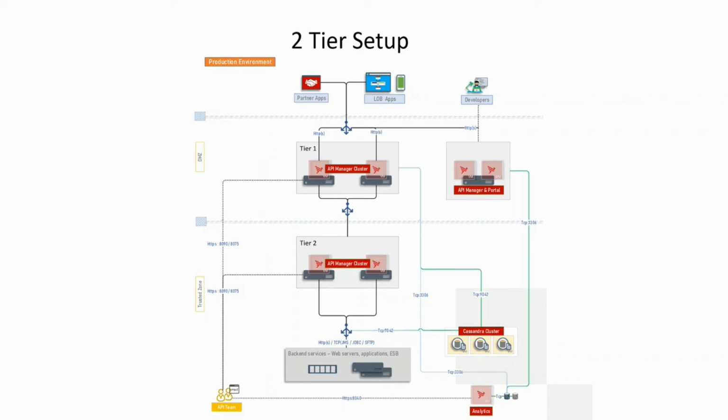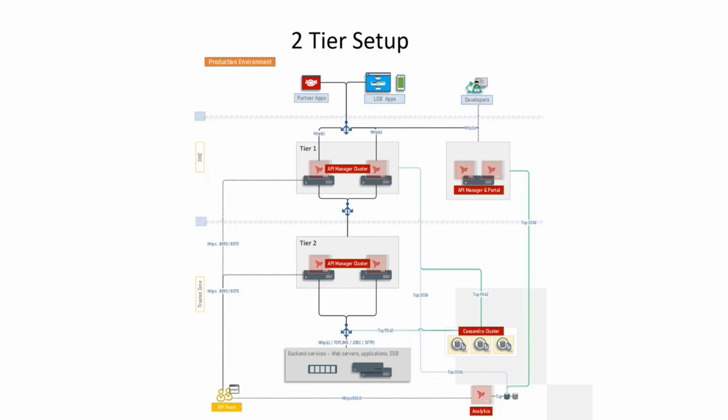The other way to set it up is a two-tier setup, where you have a separate gateway for internal and external. It's the same thing over here, the only difference is an additional block in the trusted zone, and then the request can get diverted into the trusted zone. Everything else is the same.